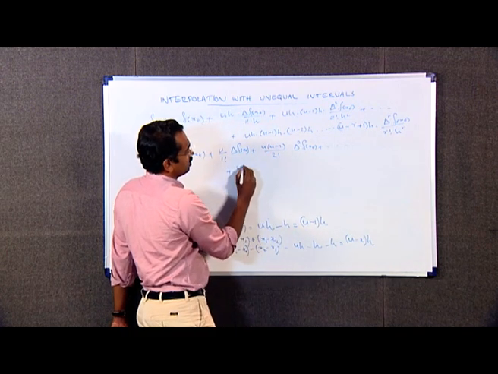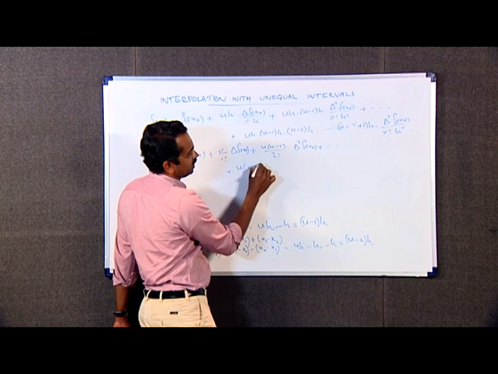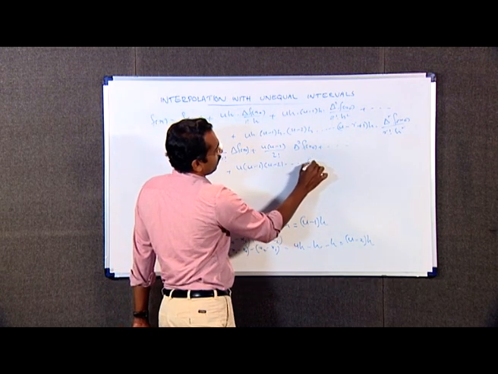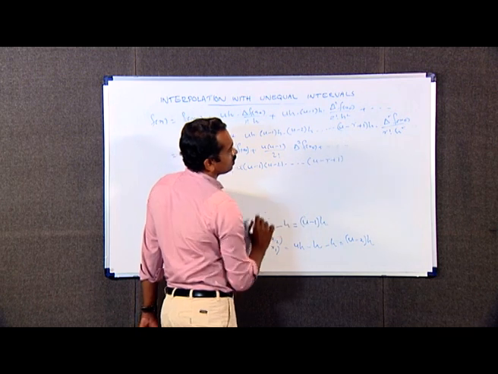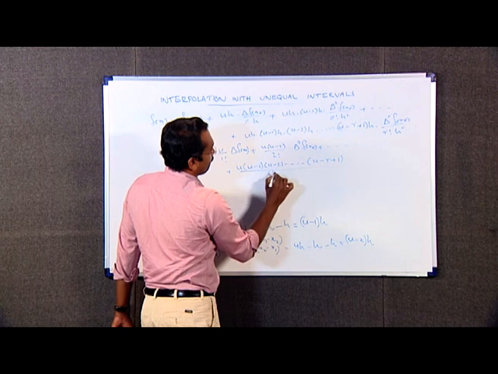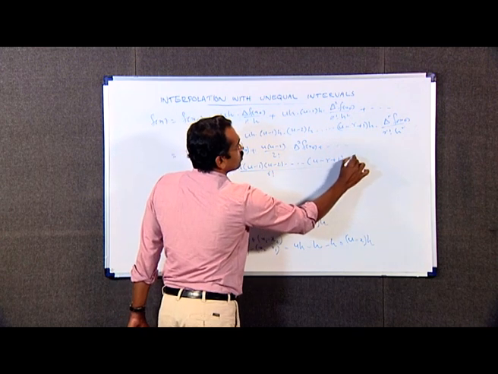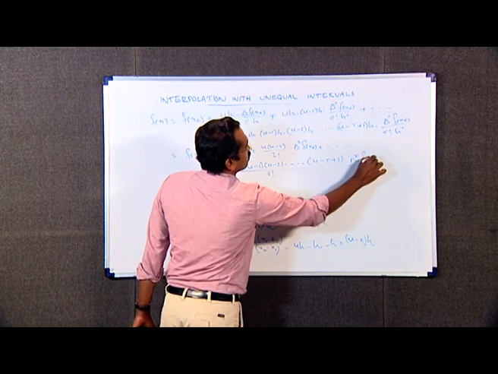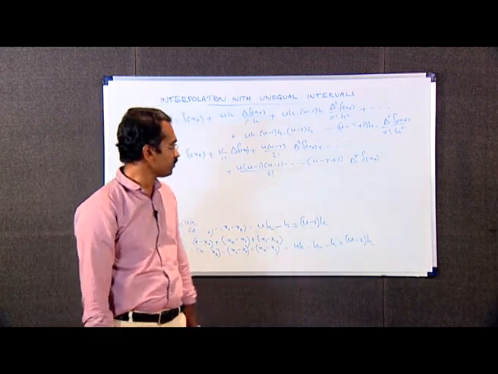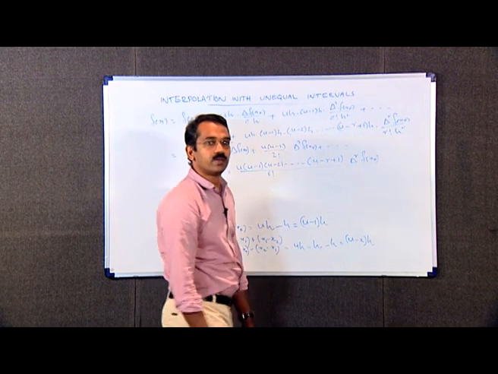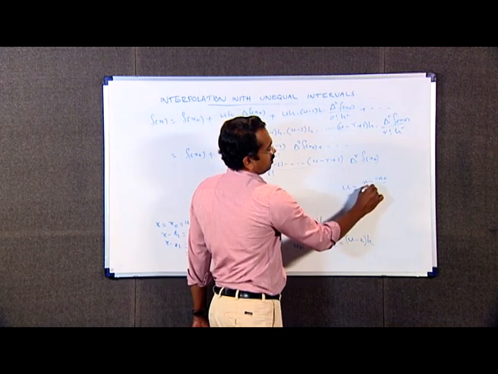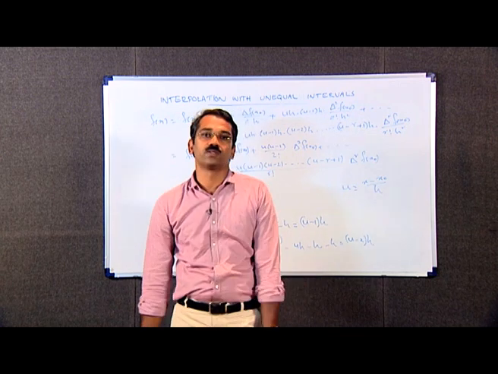Then the remaining terms are u into u minus 1, u minus 2, etc. up to u minus r plus 1 divided by r factorial into delta raised to r f of x naught, where u is equal to x minus x naught divided by h.